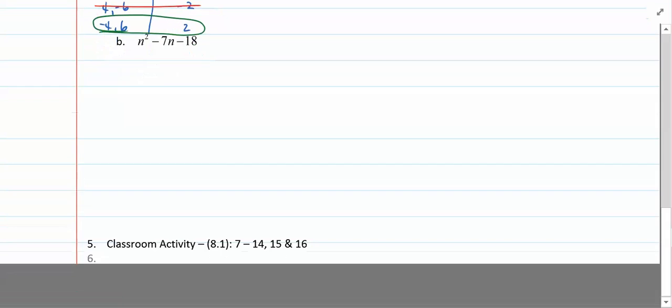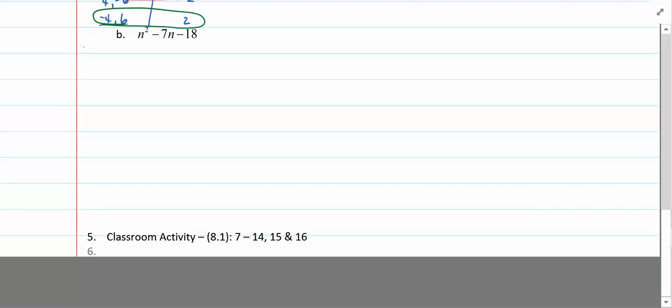Let's look at another example. In this example, we must find factors of negative 18, because that's our last term in this trinomial. And these factors must also sum to equal negative 7. So the first pair of factors that I can think of would be a positive 1 and a negative 18.